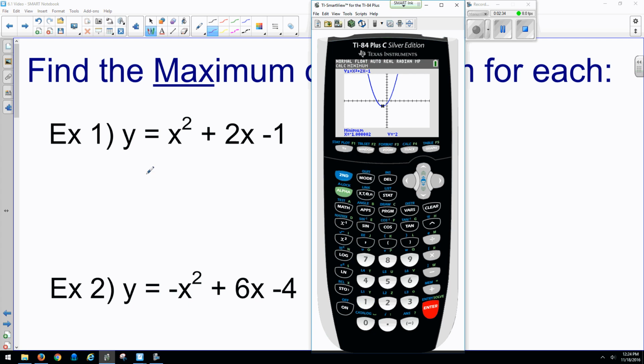And so the minimum point is when x is -1 and y is -2. But if we're talking about minimum values, we would refer to it as: the minimum value is -2 at x equals -1. So I'm just going to write that here.